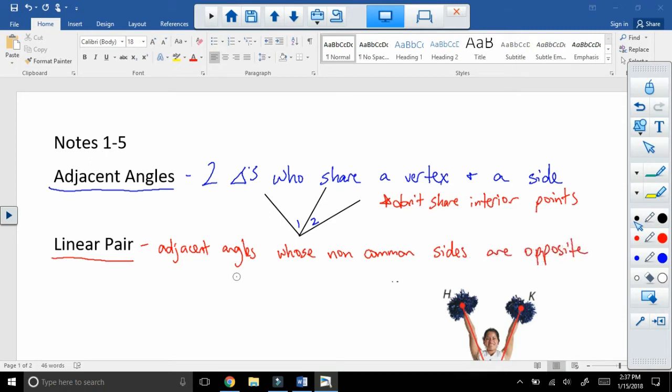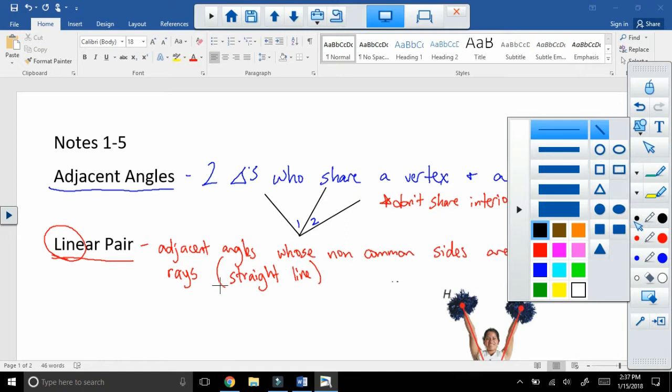And you have to remember from that previous lesson what opposite rays are to have this make sense. I'll just write down that they are going to form a straight line. And that's why they're called a linear pair. You see that word line in the word linear.